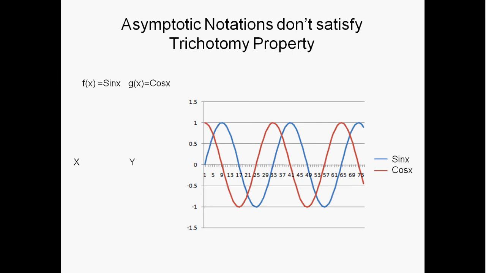For numbers x and y, the trichotomy property says there should be some relation between them: less than, equal to, or greater than. The same way there should be a relation between two functions, but asymptotic notation doesn't satisfy trichotomy. So it's not always that you will find one in the order of another, or one in the omega of another. You might not find it at all.